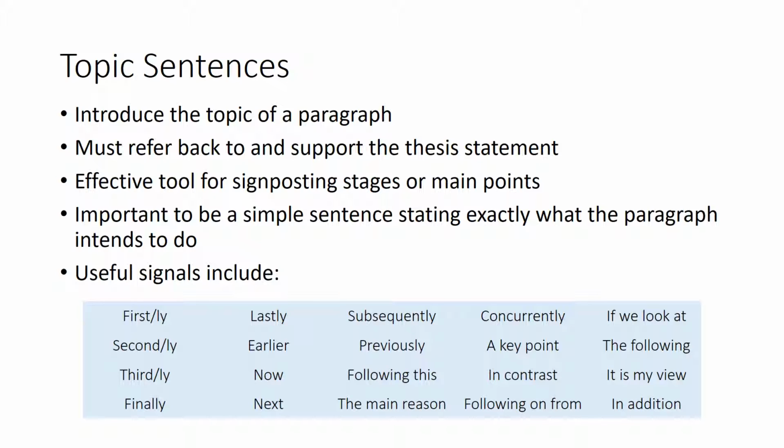Signaling can often be an effective way of having a topic sentence, as we connect either to the topic of the main thesis or to the paragraph before. And there's a list of some very common or useful signals: subsequently, firstly, secondly, thirdly, finally, now, next, earlier, following this, in contrast.